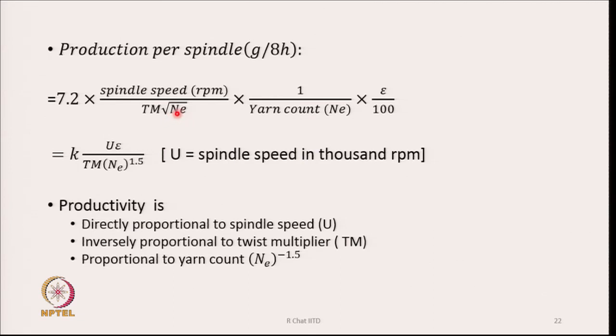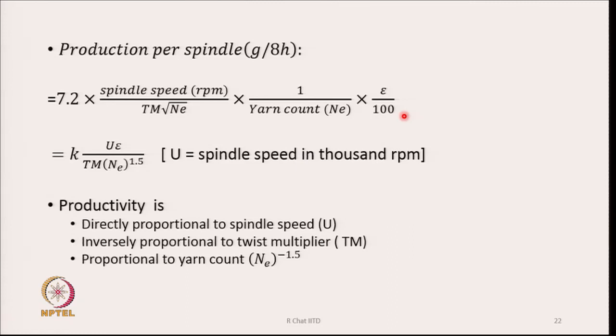The NE is coming here and here, root over NE and NE, so it will be NE to the power 1.5. Let us say the whole thing is a constant K, so we can write K U E over TM NE to the power 1.5. This whole thing becomes my production per spindle, and that constant is basically 7.2 by 100 in the present case.